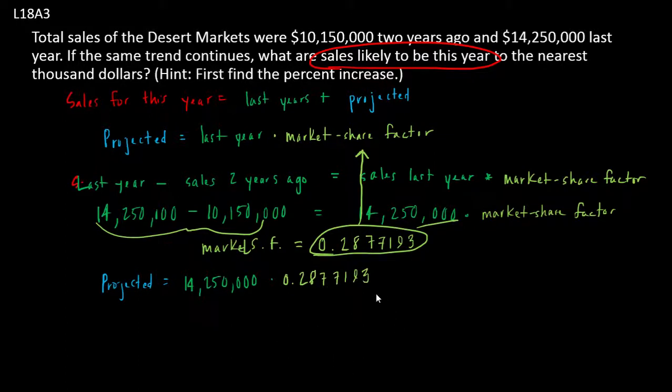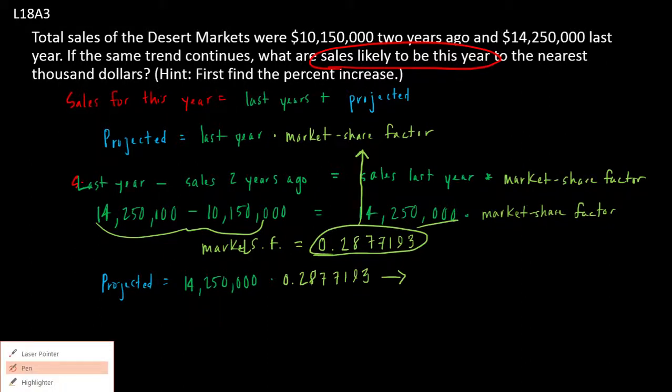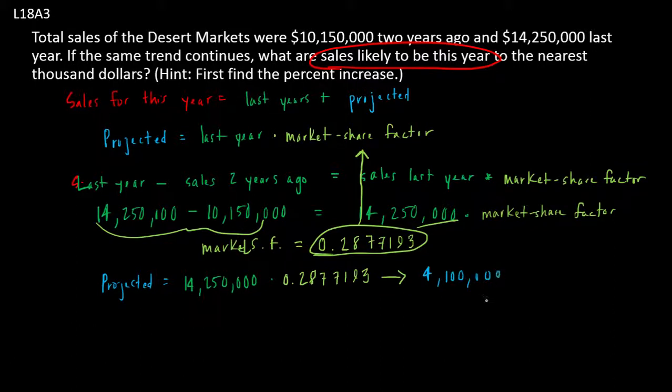Cutting off digits just makes our answer less accurate and more likely to be incorrect when we get to the end. So remember, always wait till the end of the question to round. Okay, so we take our projected, we multiply, and we get 4,100,000 for projected.